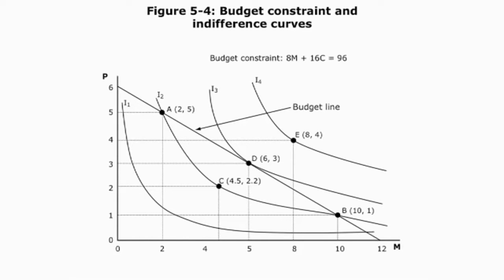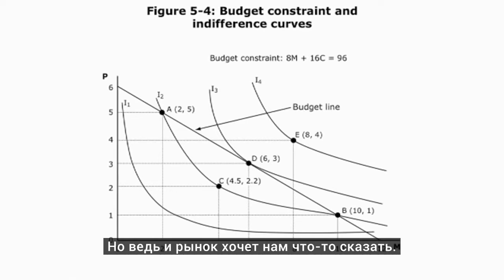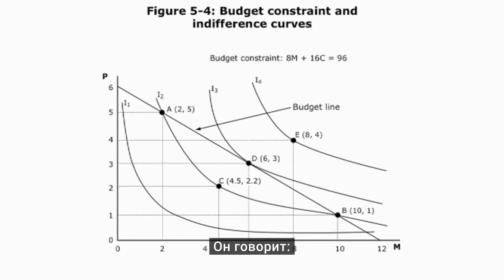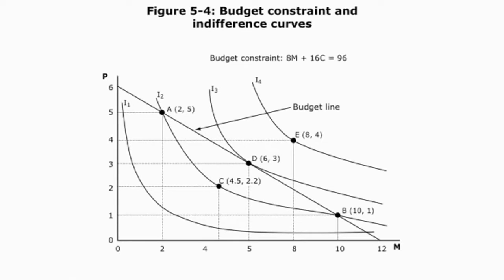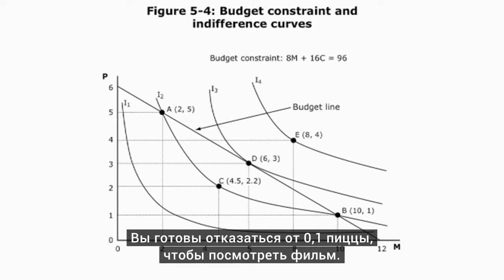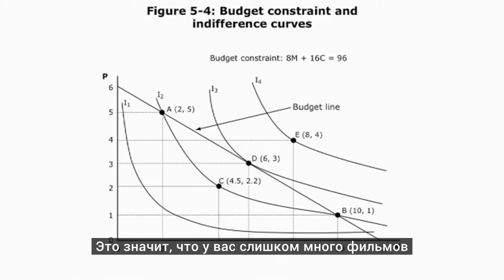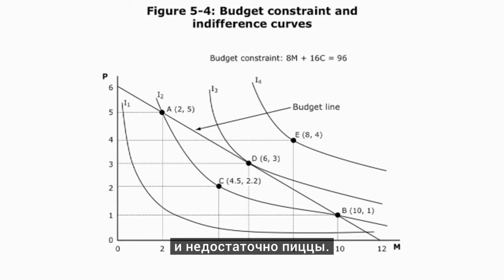But remember, the market is willing to say, you can flip it around. You're only willing to give up 0.1 pizzas to see a movie. Well, that means clearly that you have too many movies and not enough pizza.